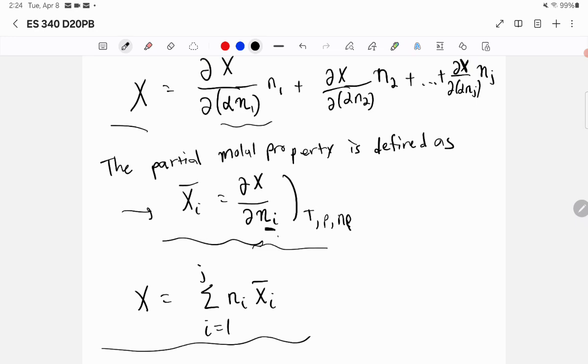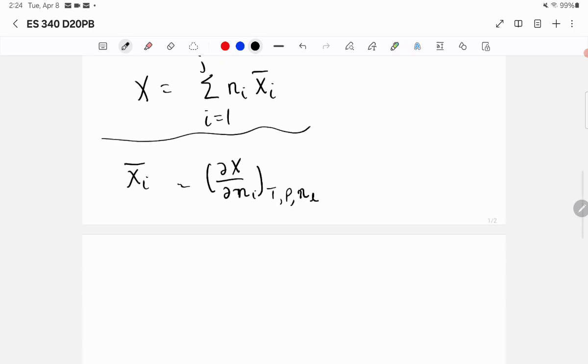This should have been L. So this is basically holding all of the other molar quantities constant there, is equal to the limit, because any derivative is a limit anyways, as delta n_i goes to 0 of delta x over delta n_i, holding these other things constant.